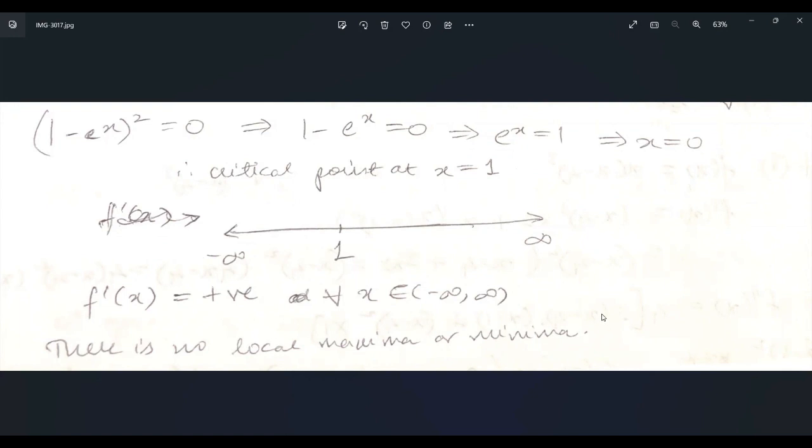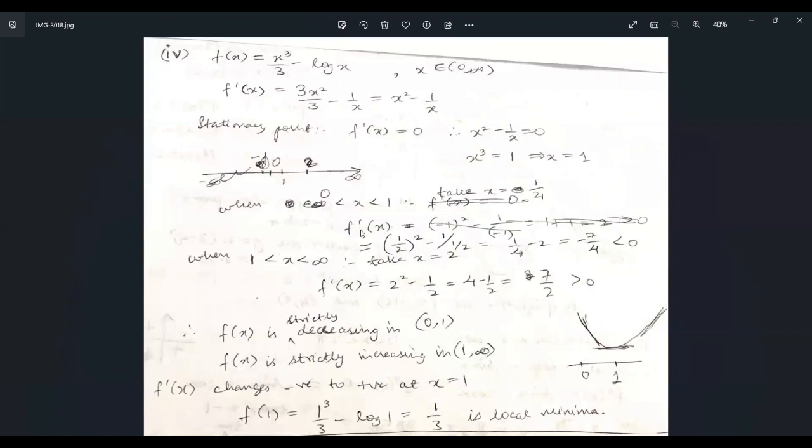Now the next question is, we are looking at f of x equal to x cubed by 3 minus log of x. This is in the interval 0 to infinity. So first, when you do the first differentiation, that is f dash of x, what we get is 3x squared by 3 minus 1 by x. Differentiation of log x is 1 by x.